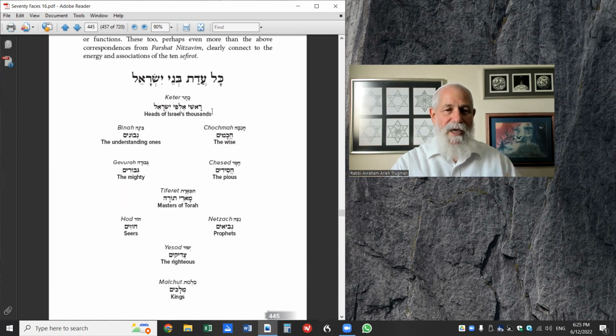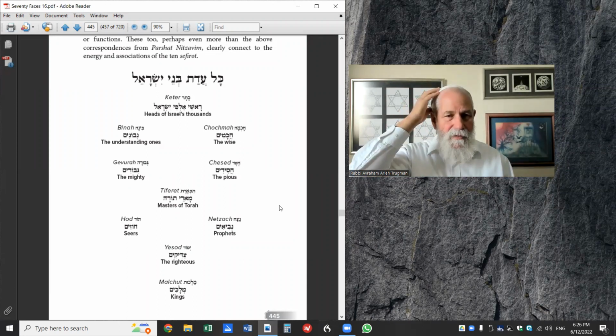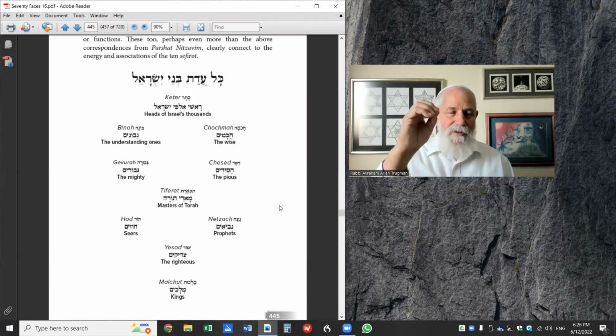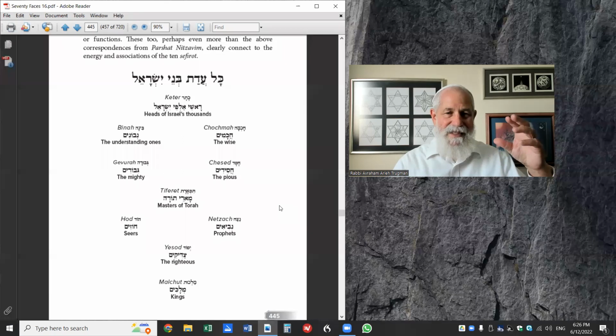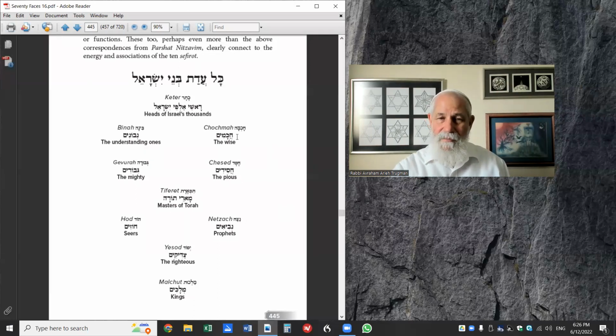So here, Roshei, the heads of Israel's thousands, in Keter. Remember, we talk about that there are 3 heads of Keter. And of course, Keter hovers over the head. So the Zohar says that this is a segment of leaders who are heads of Israel's thousands. These are the leaders of Israel. So this is already in Keter. Then we have the Chachamim, the wise ones, which of course comes from the word Chachma, wisdom.